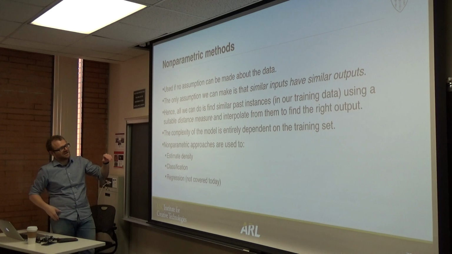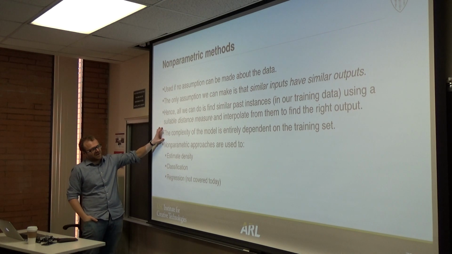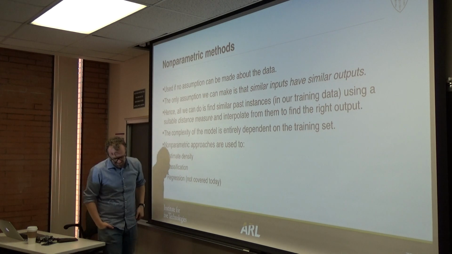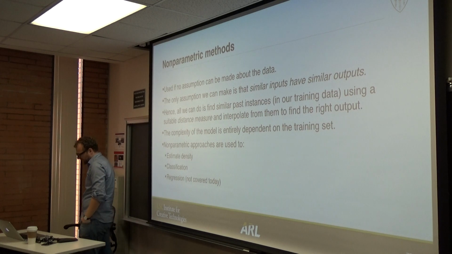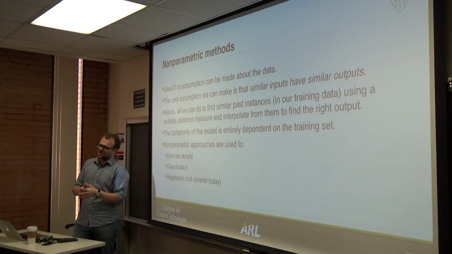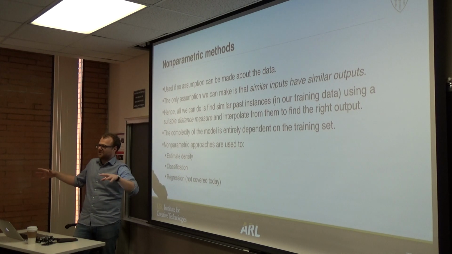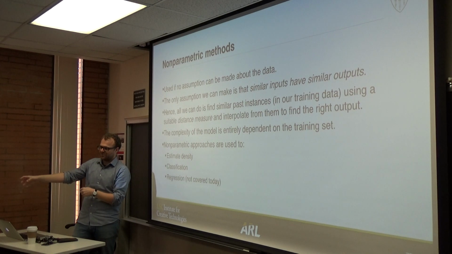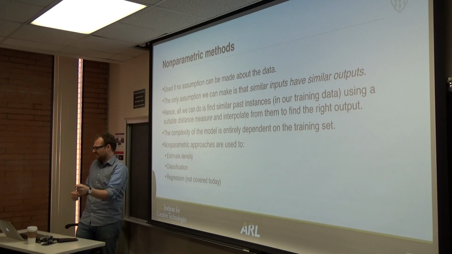And the interesting part actually is that the complexity of our model is entirely defined by the training set. So you can imagine it like this. If you, for example, have a clustering problem, so you have many data points, and you start to cluster those data points, and you identify, okay, this is one centroid for this cluster, this is another centroid for this cluster, this is another centroid for that cluster, right? So you have now approximated your data set with 3 centroids. And these could be the 3 prototypes, your code book, so to say.